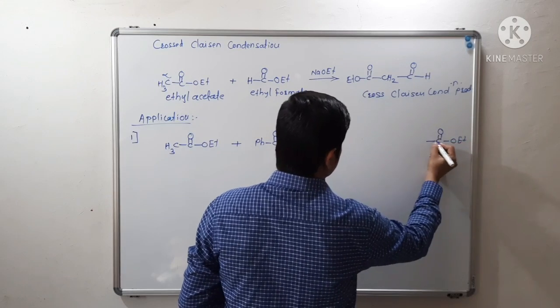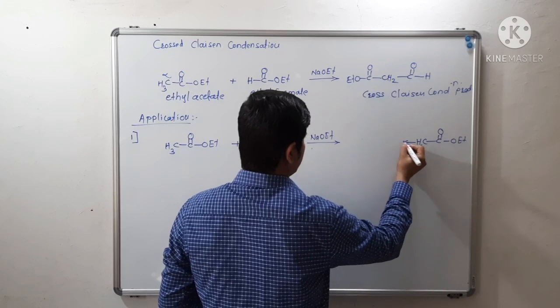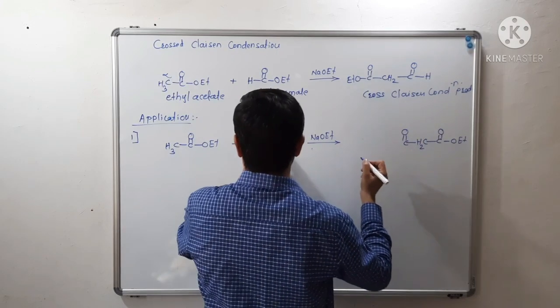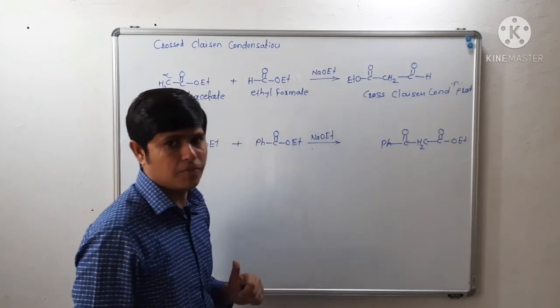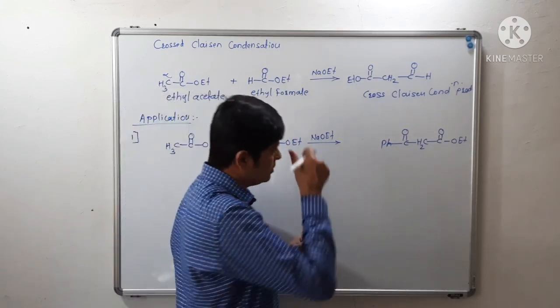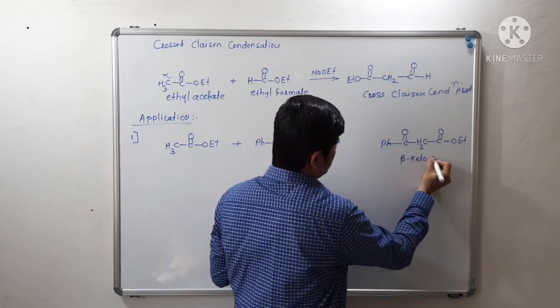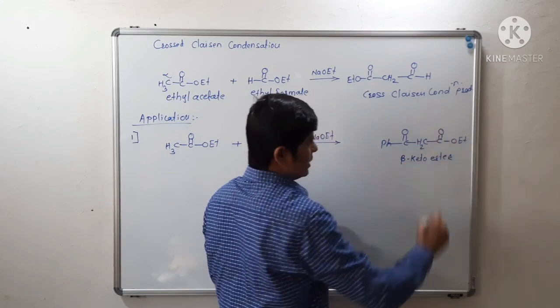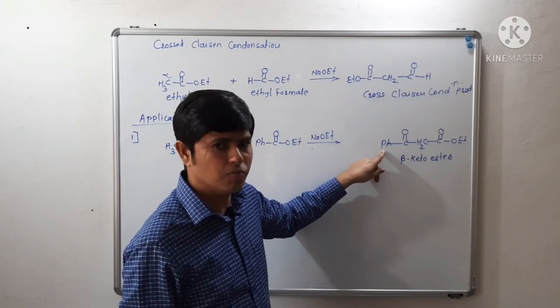COOEt, isn't it? This CH2 from ethyl acetate will condense with this carbonyl, so you will have this type of compound. This is a beta keto ester, a useful compound having different functional groups.